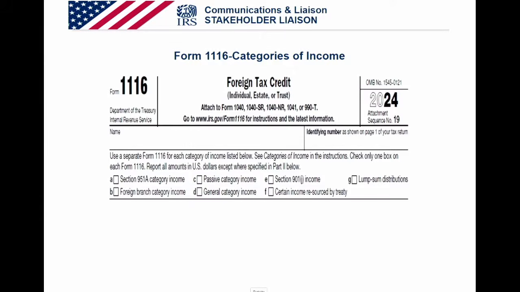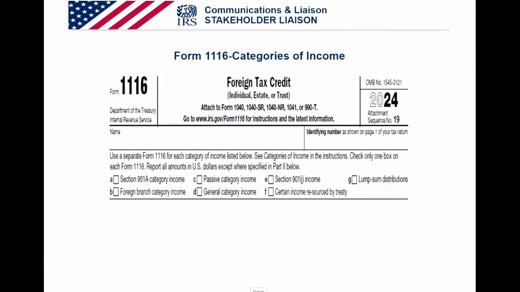Category B is foreign branch category income. Also beginning in 2018, we have this new category. A foreign branch is a business operation that is part of a U.S. company but operates in a foreign country. It's defined by reference to the definition of a qualified business unit, also referred to as a QBU.